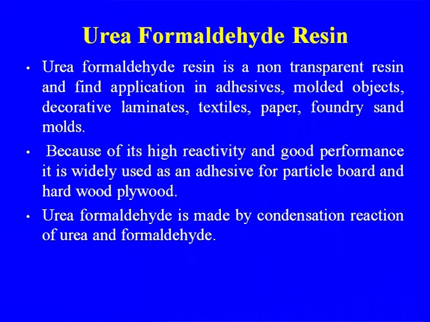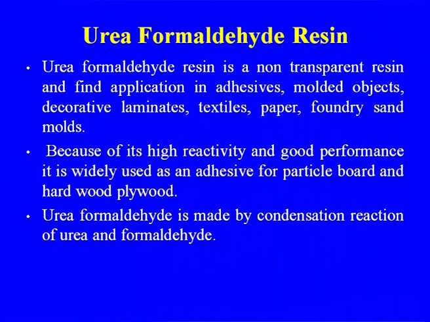Now, let us discuss urea and melamine formaldehyde. Urea formaldehyde resin is a non-transparent resin and finds application in adhesives, molded objects, decorative laminates, textiles, paper, foundry molds. Because of its high reactivity and good performance, it is widely used as an adhesive for particle board and hardwood plywood.